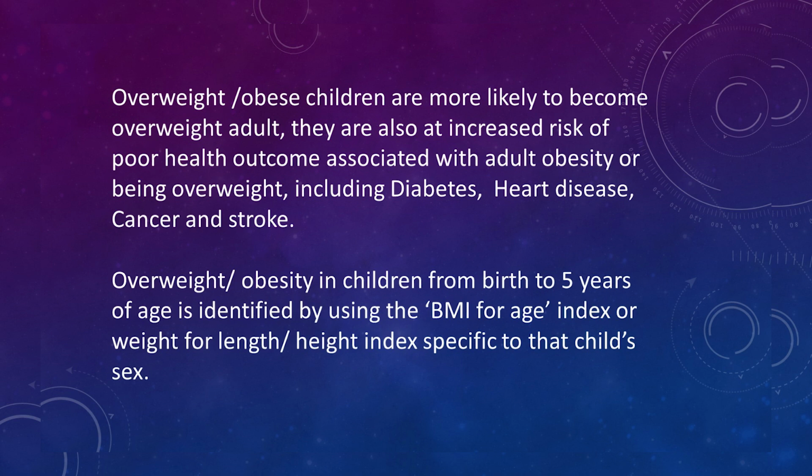Children who are overweight in childhood may suffer from diseases in adulthood also, as I told you earlier: diabetes, heart disease, cancer and stroke. So, this is an area of concern in obese children.